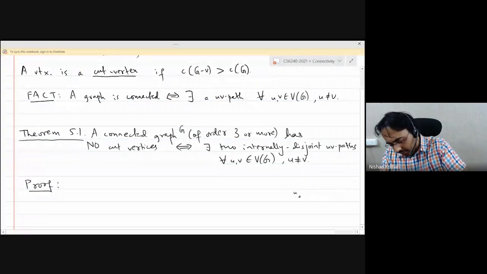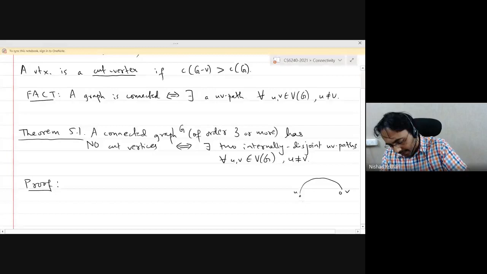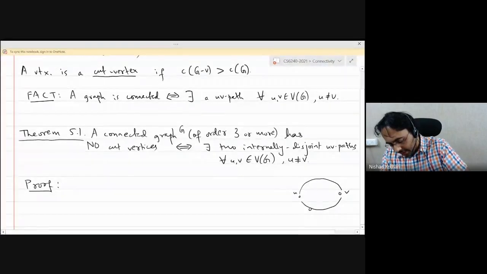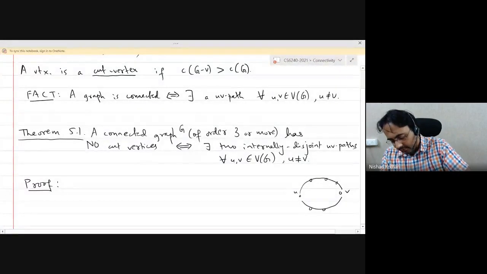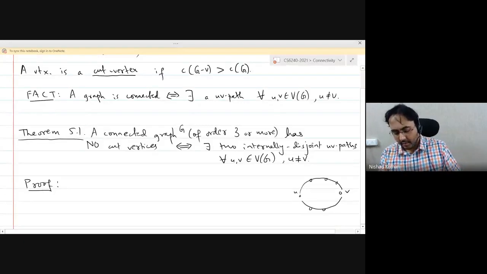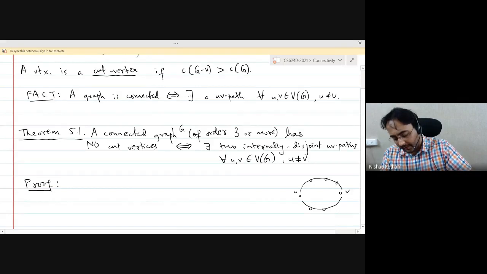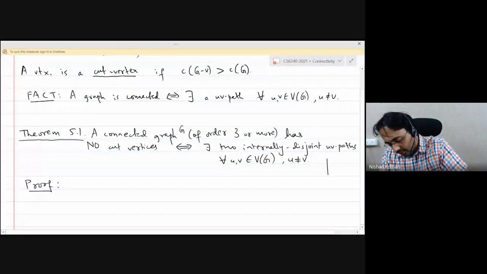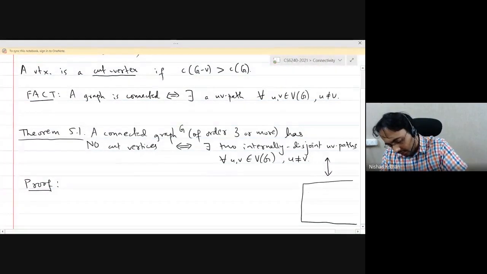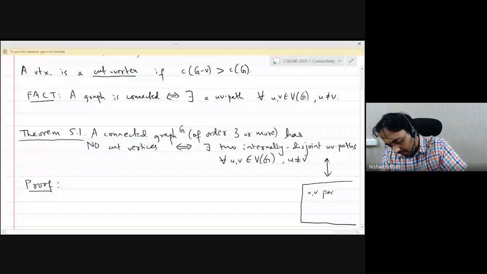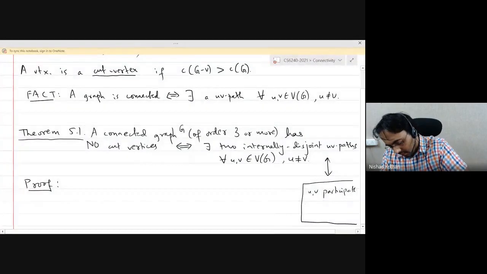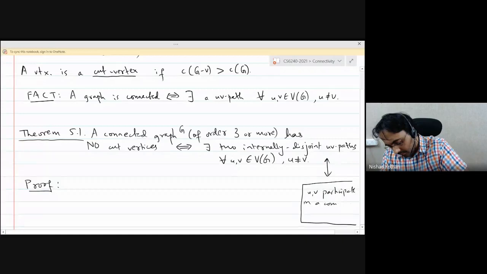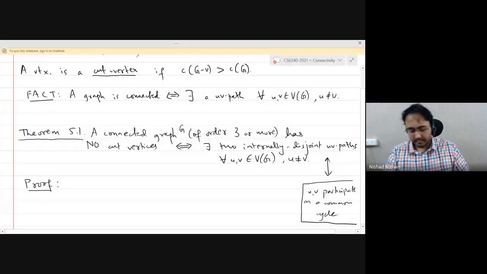So if this is U and this is V, then you can find two paths between them that do not share any vertices except U and V, which are the ends of the paths. And of course, this is the same as saying U and V belong to a common cycle, right? So two internally disjoint paths is the same as saying that the two vertices participate in a common cycle.